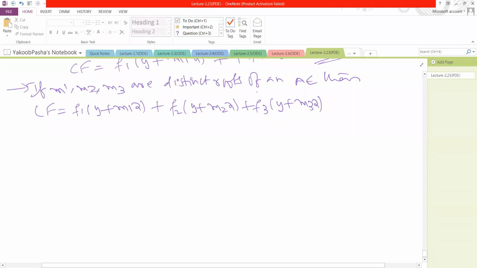If four roots are distinct, then we can add f4 of y plus m4x.